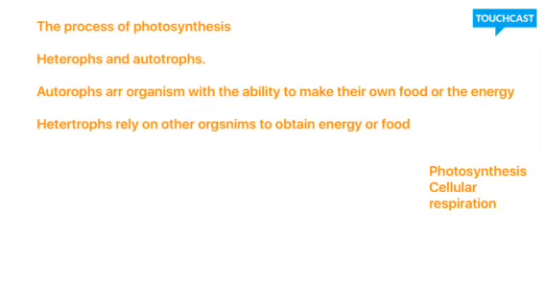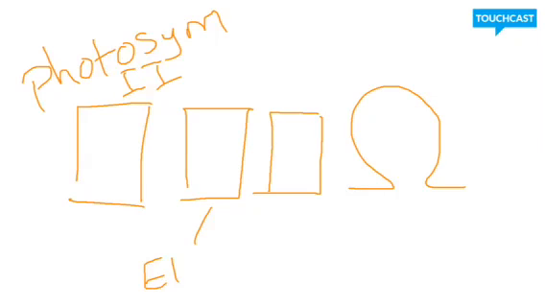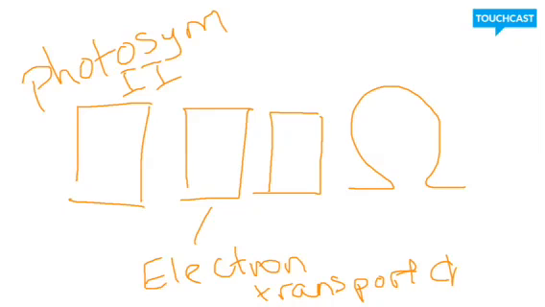So if we go back, this is photosystem 2. This is the electron transport chain.